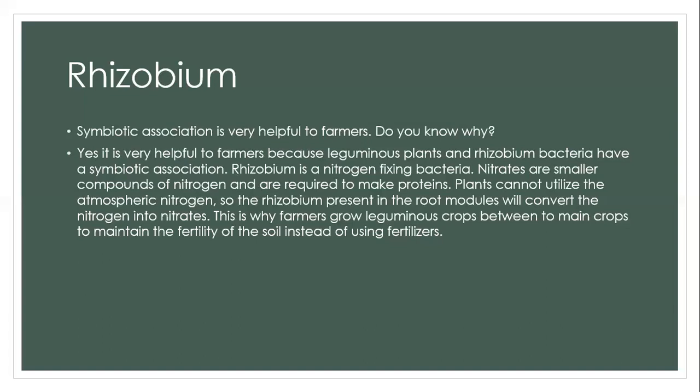Symbiotic association with Rhizobium is very important. Leguminous plants have a symbiotic association with Rhizobium. So Rhizobium will make the nitrates and of course release them in the soil, from where the roots will absorb them.